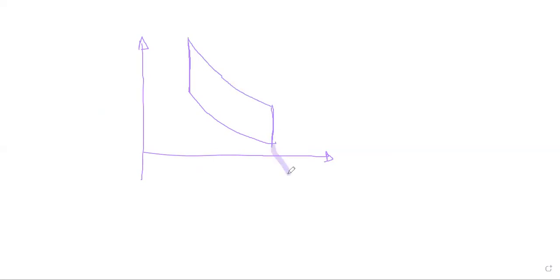At this point we have a pressure of 0.5 megapascal, and we also know the temperature. They told us that the temperature here is 330 Kelvin. So this is what we know about the first point.